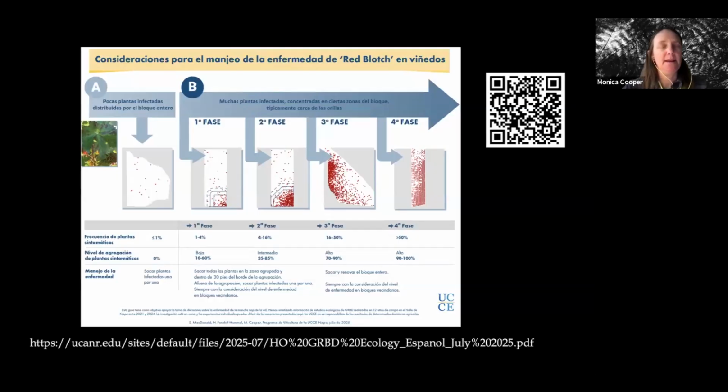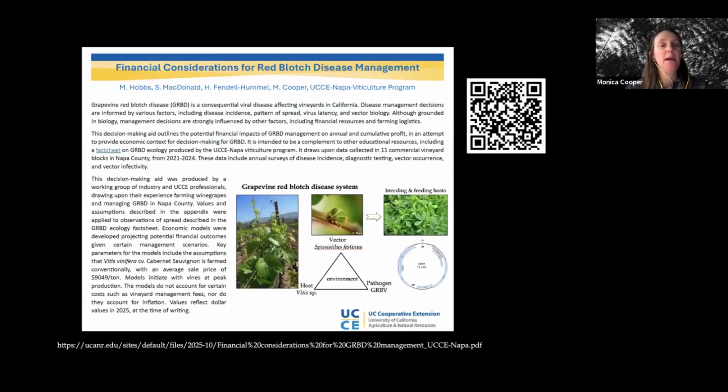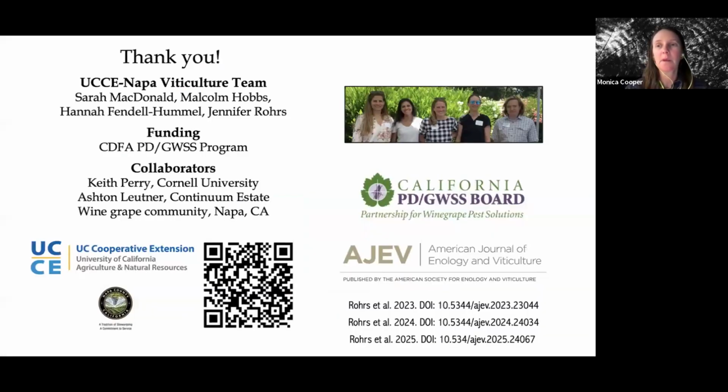We also translated that into Spanish, so you will have that resource in Spanish as well. And we did analysis of the financial considerations for red blotch disease management. So as you're going about determining what you're going to do, you can also look at the implications that might have from an economic perspective.